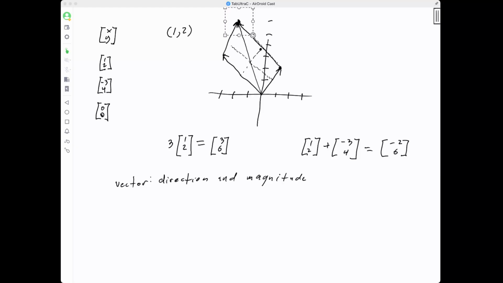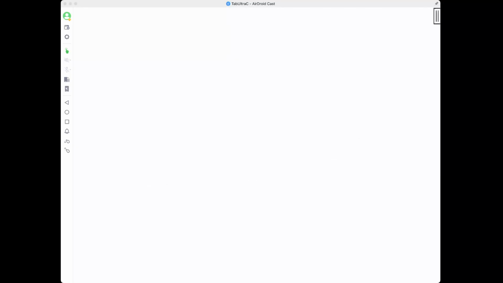And so I can think of vectors as moving things around. So a vector is like moving things or like finding points on the plane.